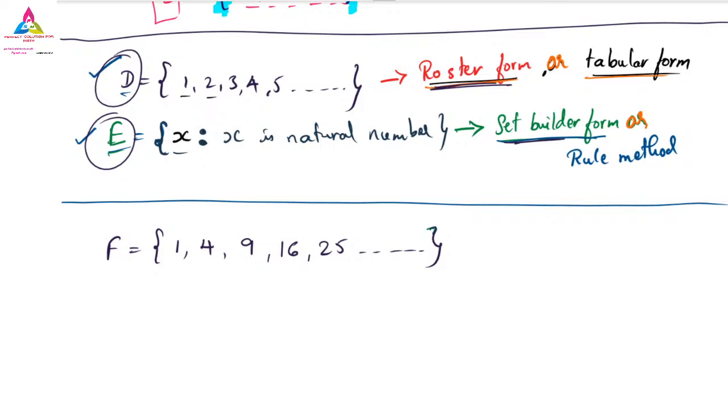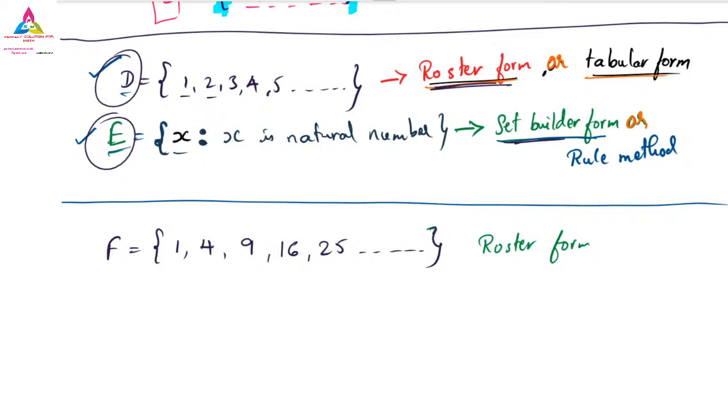Very good answer. But I am asking which method it is. That is roster, yes, it is roster. After this roster form we have to convert it into the set builder form.